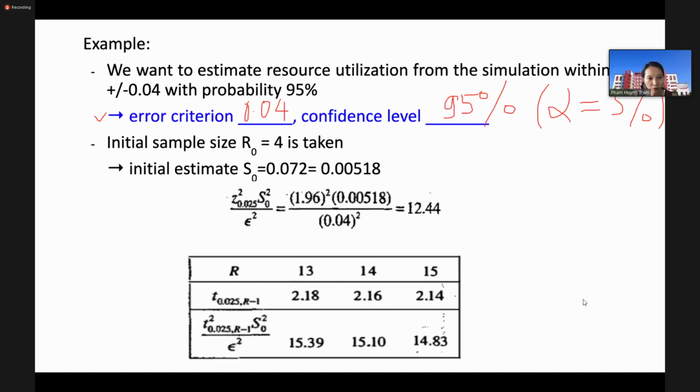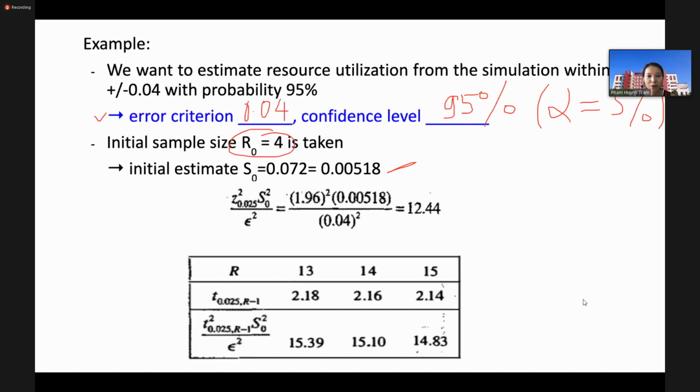We don't know, so we just run first. Let's say our initial sample size is 4. We run 4 times and have 4 values of resource utilization, and we estimate the variance from those 4 results.